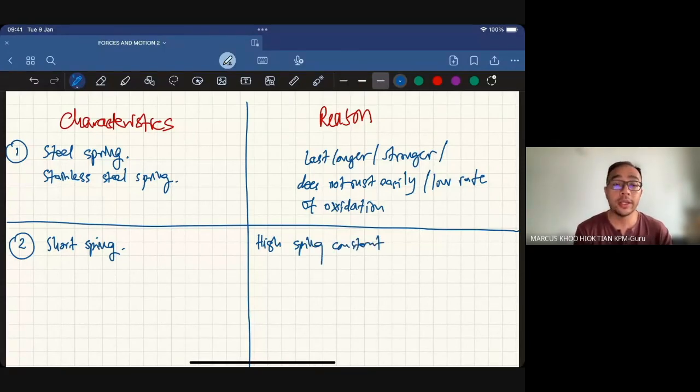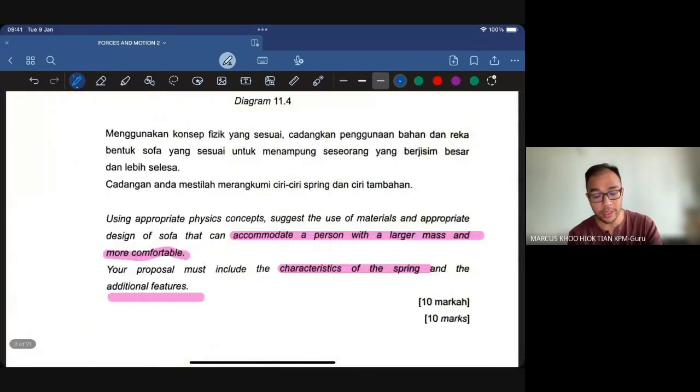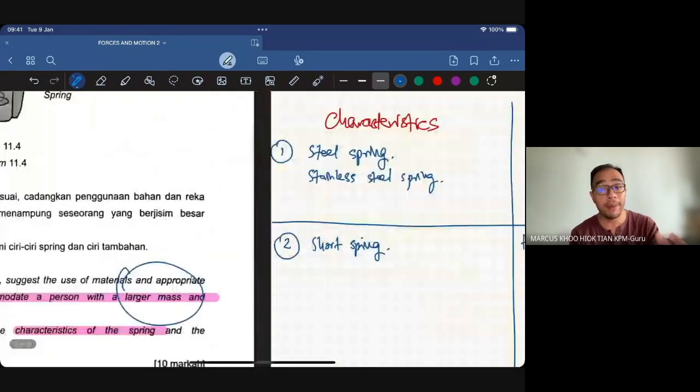For discussion purposes, high spring constant is always talking about a stiffer spring. The higher the spring constant, therefore you have a stiffer spring. A stiffer spring means it can accommodate a bigger load. But of course you cannot write the bigger load because it's in the question. It can accommodate a person with a bigger mass.